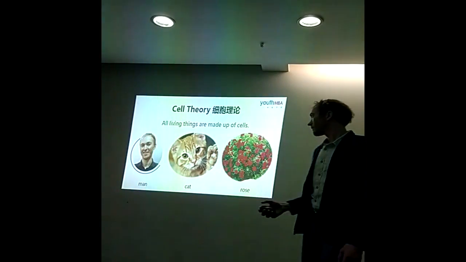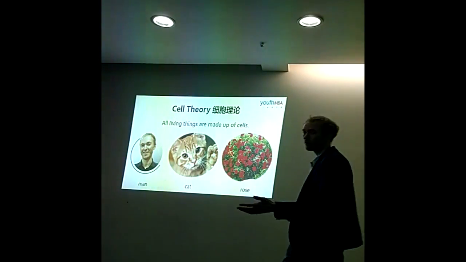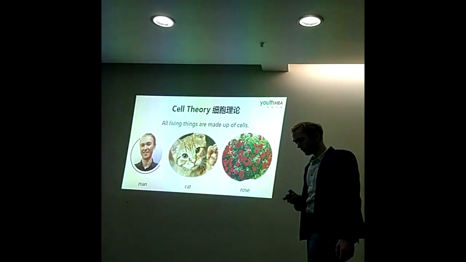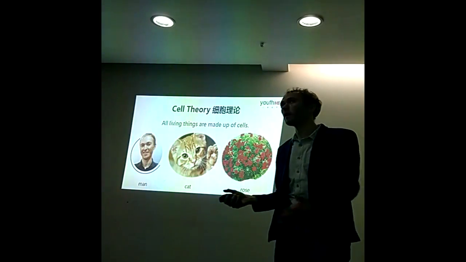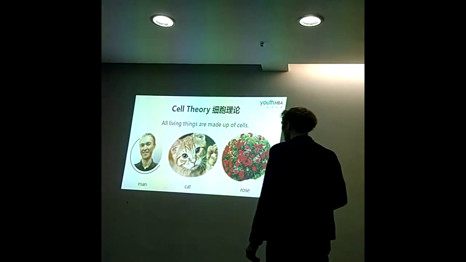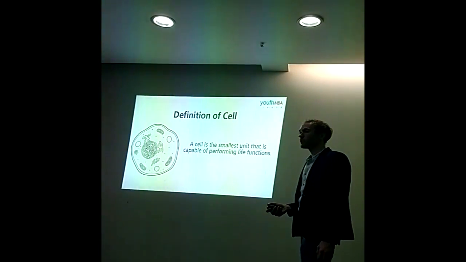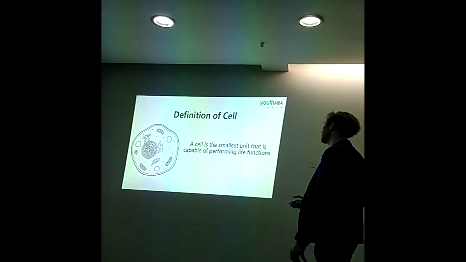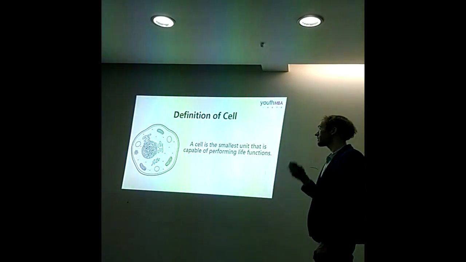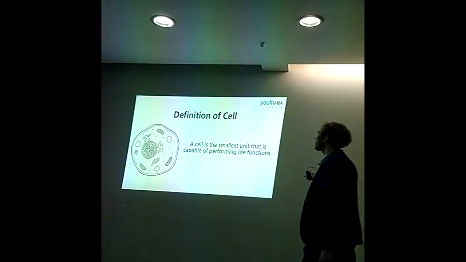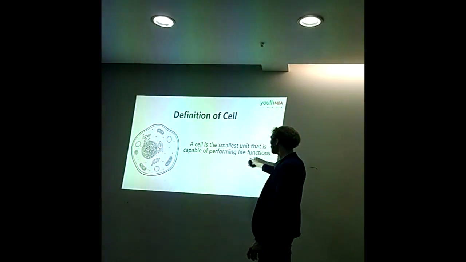We see a man, this is my photo, and we see a cat, and we see a rose. All of them are made of cells, right? This is a definition. Can you please read it? Yes, that's right. A cell is the smallest unit that is capable of performing life functions.